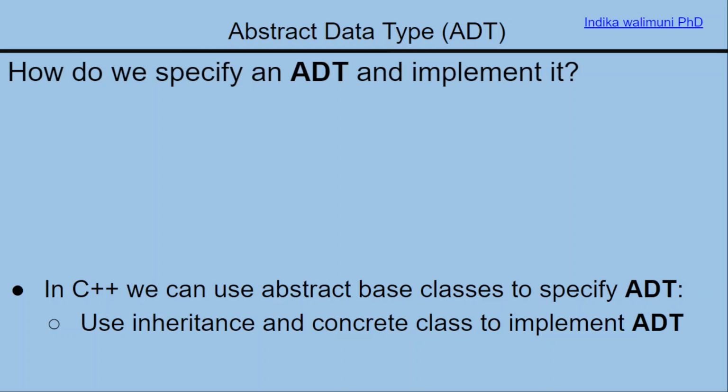That means we use inheritance to create a concrete class to implement the ADT. So the physical implementation of the ADT goes into the concrete class, and the logical implementation stays in the abstract base class.